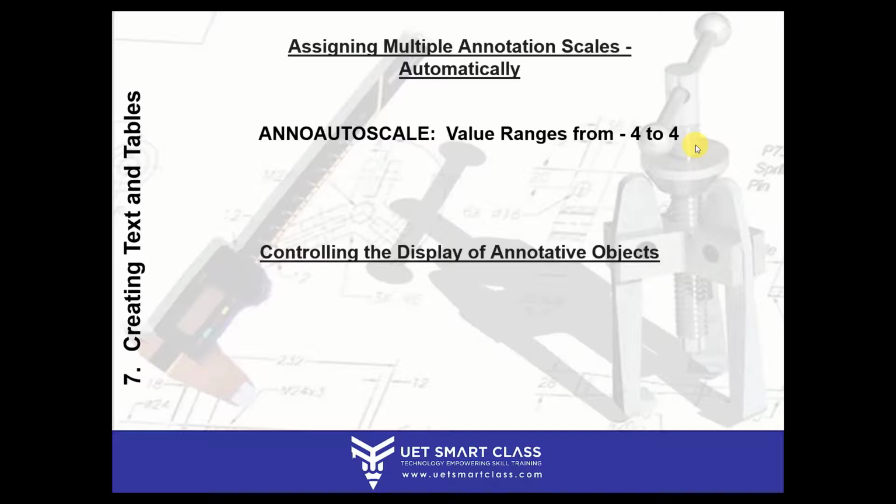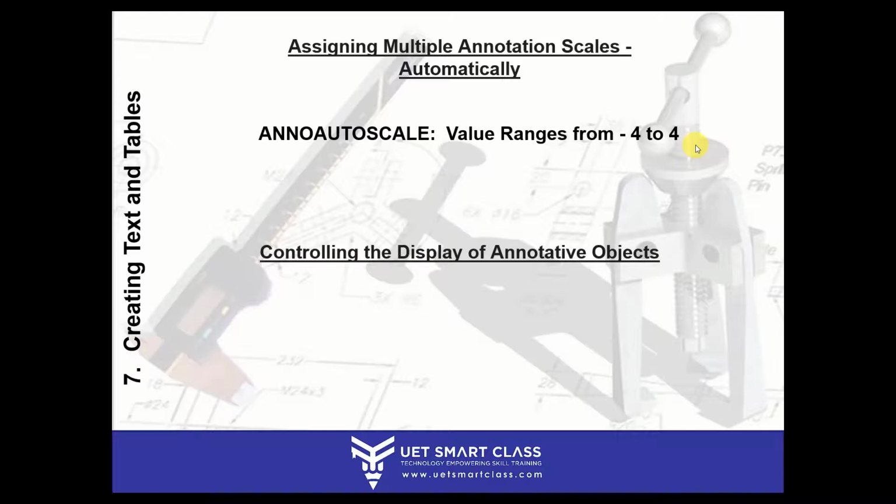When the value is 1, it adds the annotation scale that you have set to annotative objects that support the current scale, except for those on layers that are locked, switched off, frozen or viewport frozen. To repeat, if the value is 1, it assigns the current annotation scale to all the annotative objects except those in a locked layer, a frozen layer, a viewport frozen layer, or a turned-off layer.